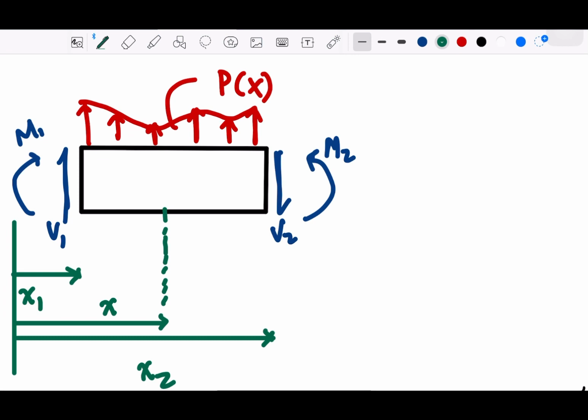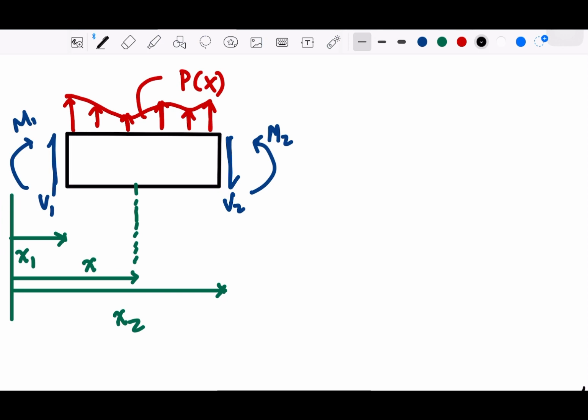Based on what we have, we can take V2 minus V1. I will directly just write the formula. It's equal to the integration from x1 to x2 of P(x) dx. Of course, that is by definition, right?